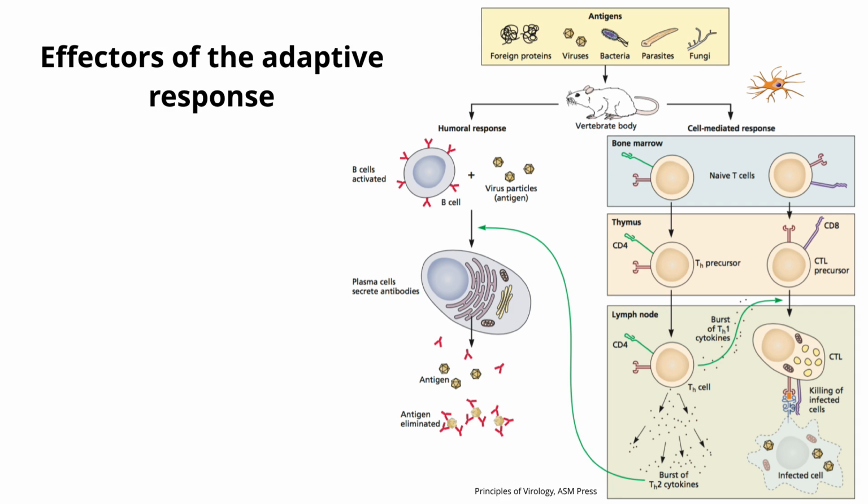The other kind of T cell that's in the lymph node is a CD8 positive T cell, or a cytotoxic T lymphocyte. The CTL is what the CD8 will become once it recognizes a foreign antigen and becomes activated. And as you'll see later, the job of the CTL is to kill a virus-infected cell, and we'll talk about how that happens later.